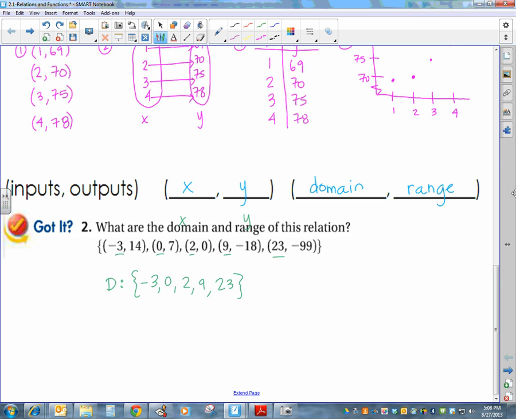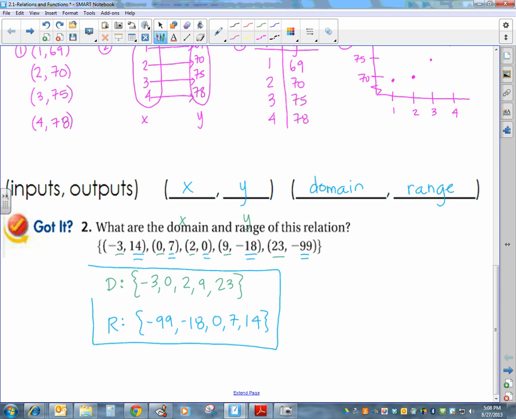And my range is going to be 14, 7, 0, -18, and -99. If I write those in order, the smallest one is -99, and then I go to -18, 0, 7, and 14. So we have now given the domain and range of the relation.